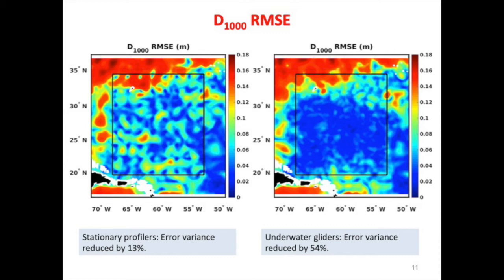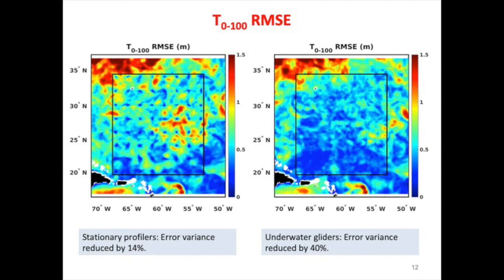The gliders are still separated by a nominal separation of 2 degrees, but the fact that they're moving and they're crossing gradients, each glider is tending to map out ocean structure in this vicinity. The cumulative effect is a much more uniform error reduction. Error variance for the stationary profiler is reduced by only 13%, but 54% by moving gliders.